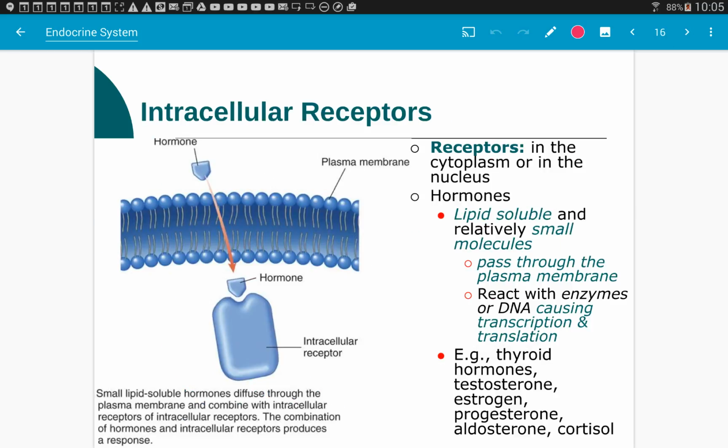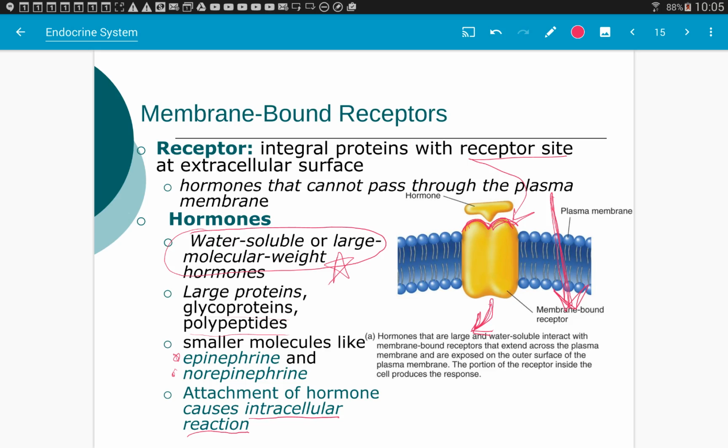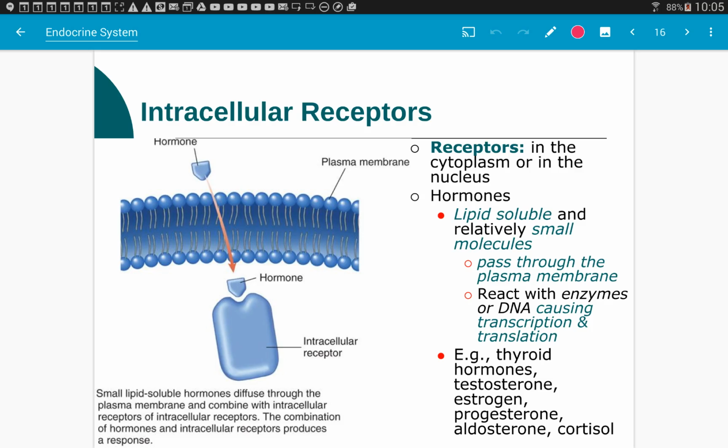Now, on the other hand, okay, back up again real quick. So this is going to be causing an intracellular reaction where the hormone binds to a receptor on the plasma membrane. This next slide is talking about receptors that are inside the cell, not bound to the membrane at all.